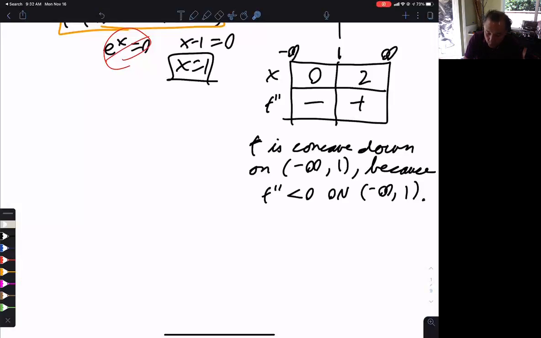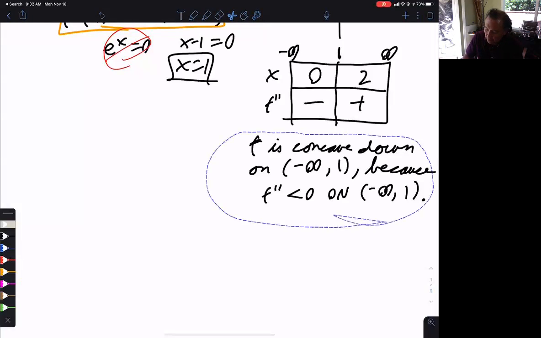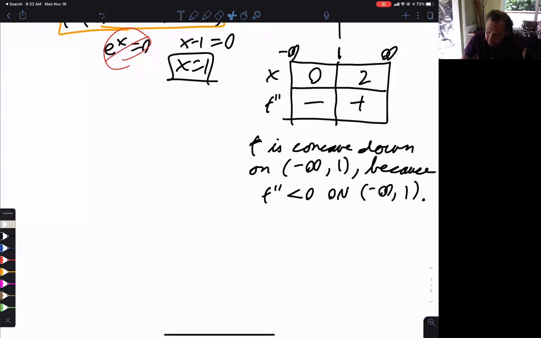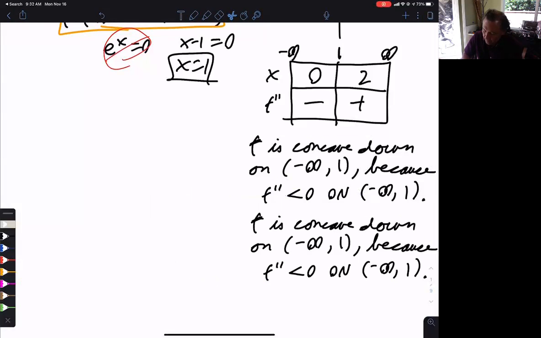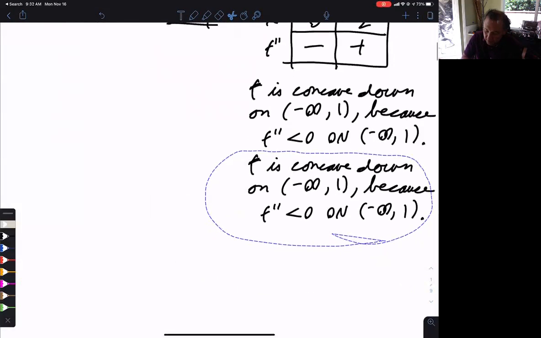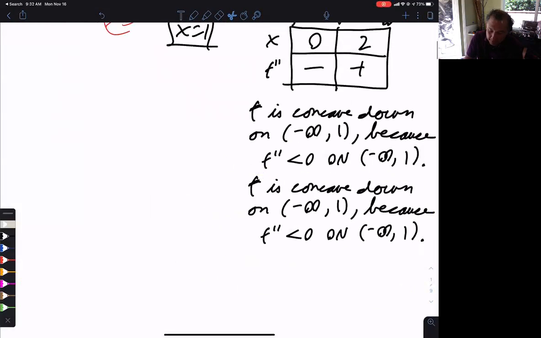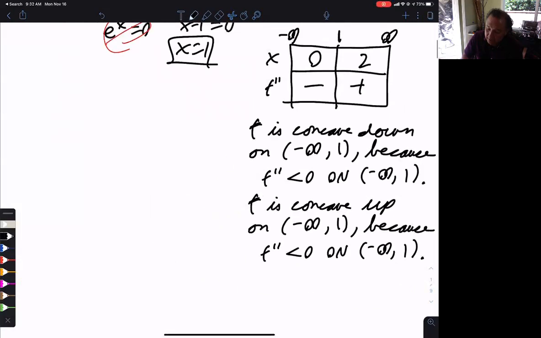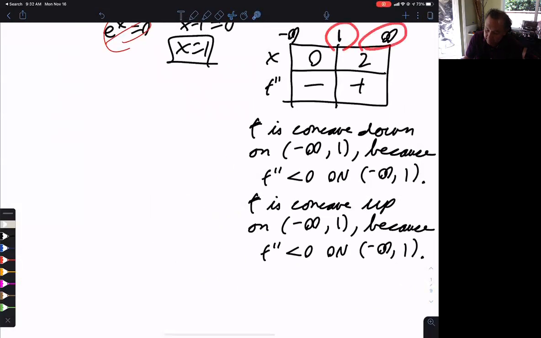Then I'm going to copy and paste because I don't want to write all this stuff down again, and only a couple things are going to change. And the other region is going to be concave up. So I'm going to erase that, put up, and it's concave up from 1 to infinity.